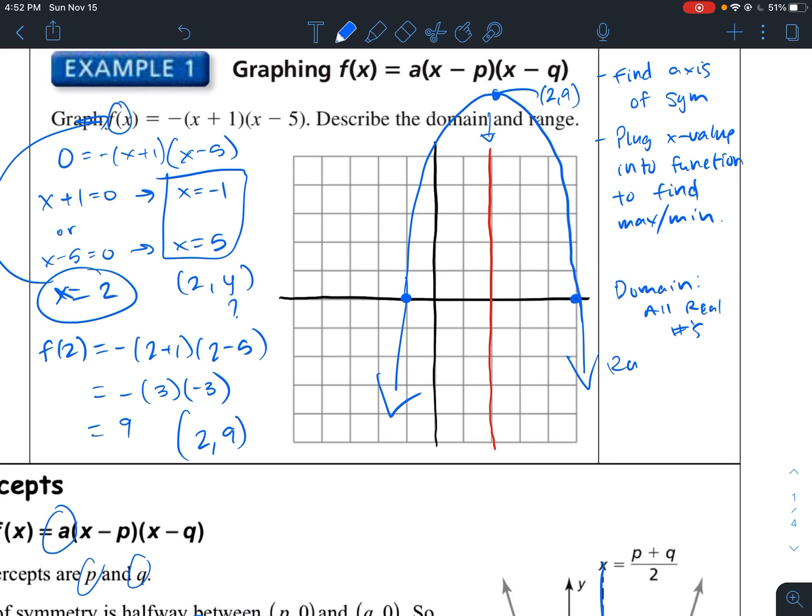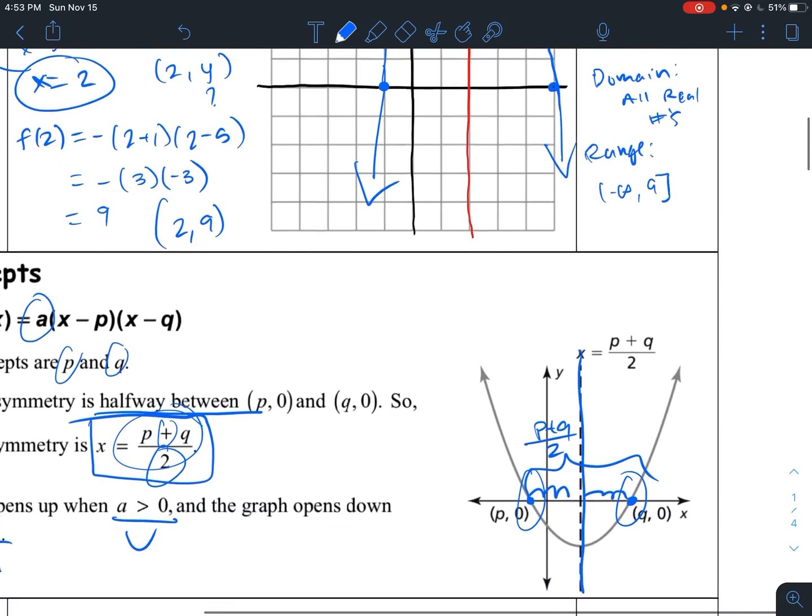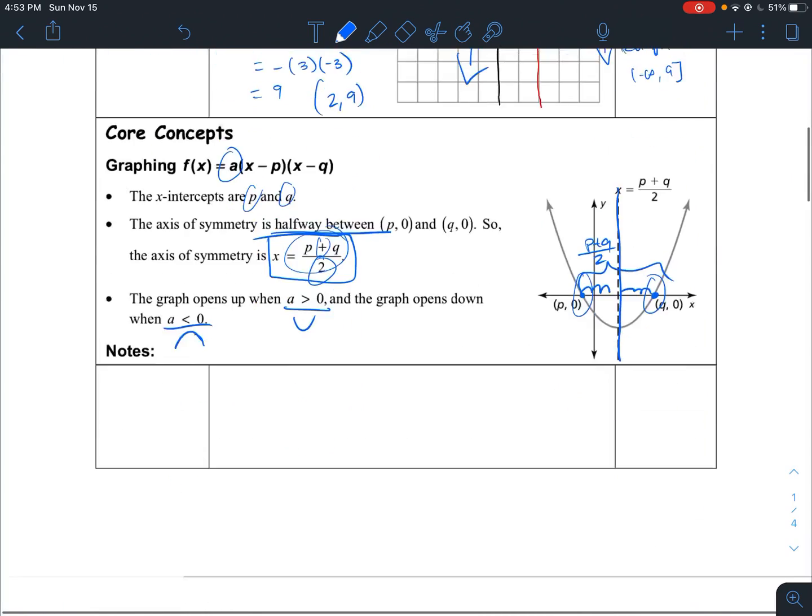The range then starts at negative infinity and goes to 9, because it's a max, so it ends at the max.